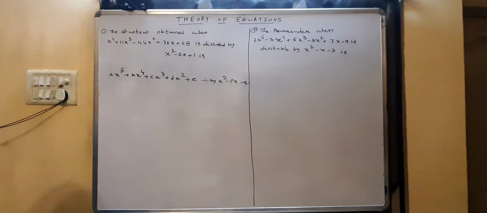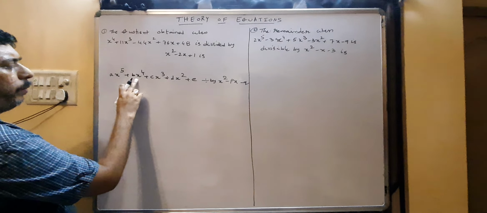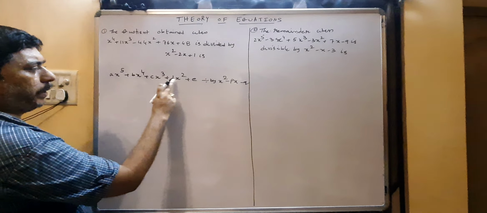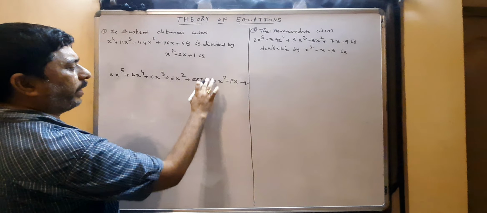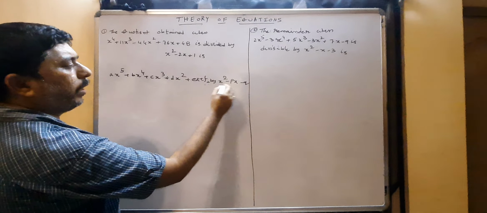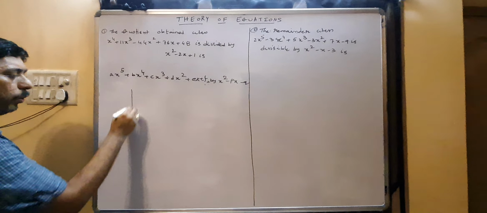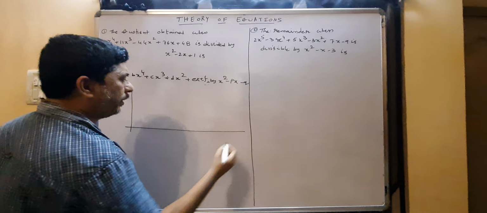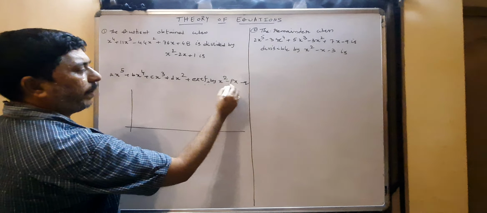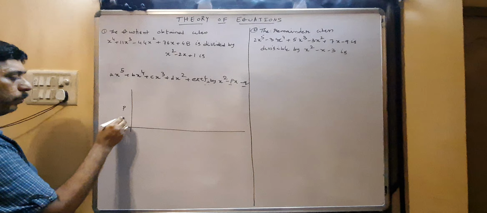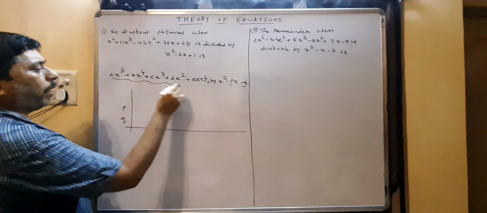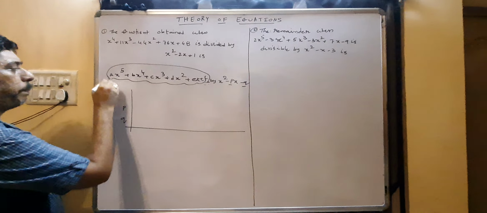Find the remainder and quotient when ax power 5 plus bx power 4 plus cx cube plus dx square plus ex plus f is divided by x square minus px minus q. You can see the procedure: you write the coefficients of x, take p, and for the constant take q. Now in the given polynomial, check whether every coefficient is present or not.